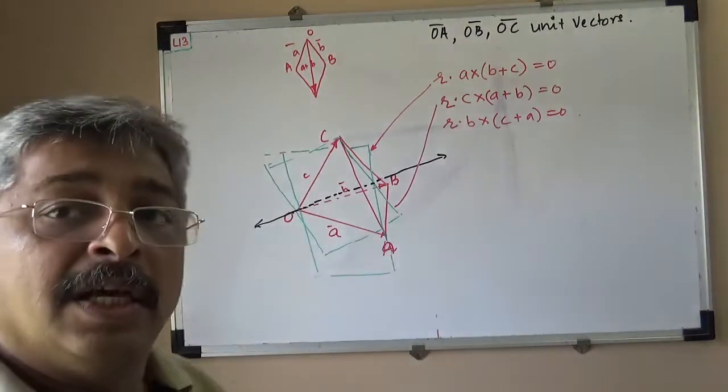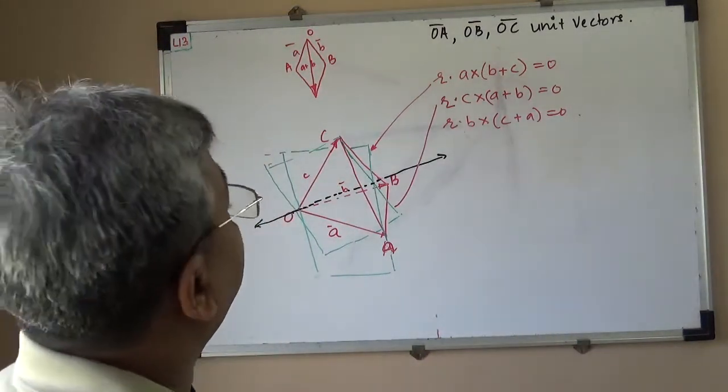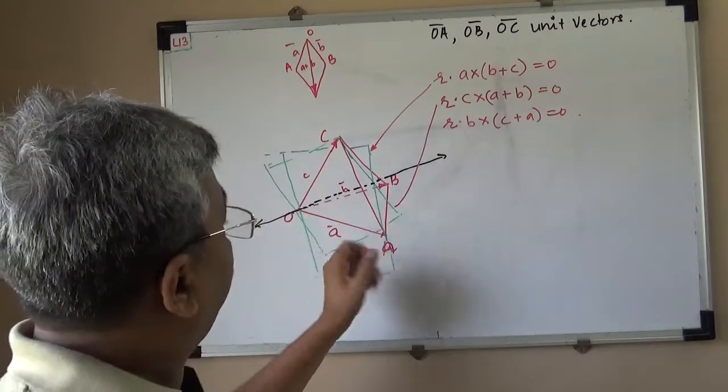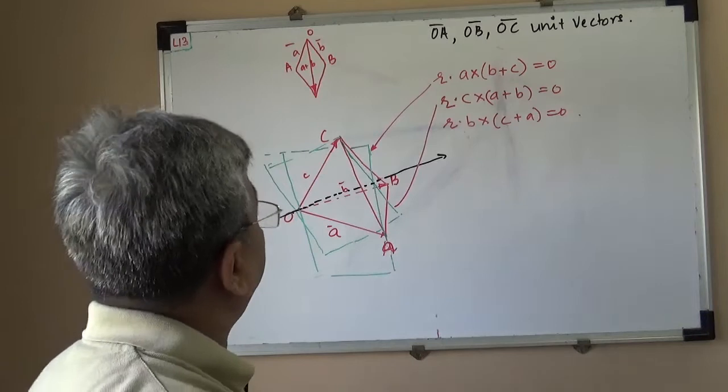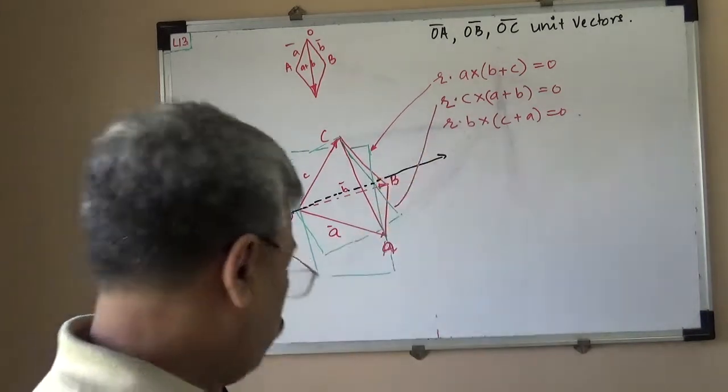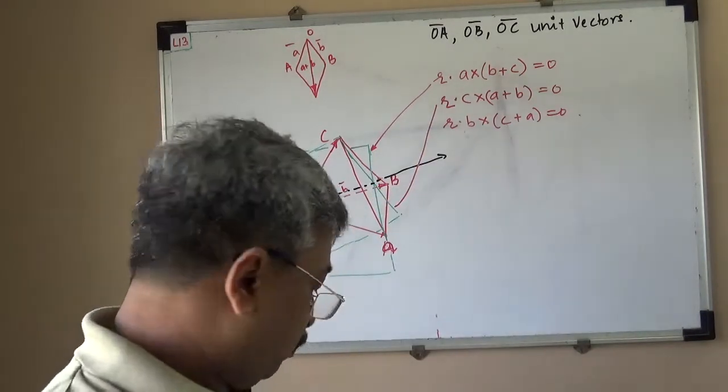So these are the three angle bisecting planes, each containing one of the edges, that we have found out now. So these are the three planes.